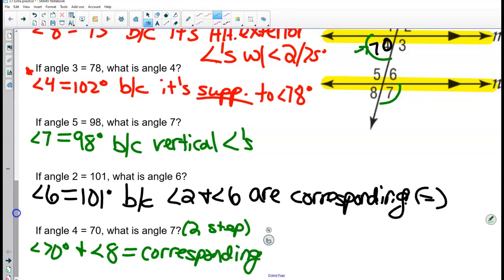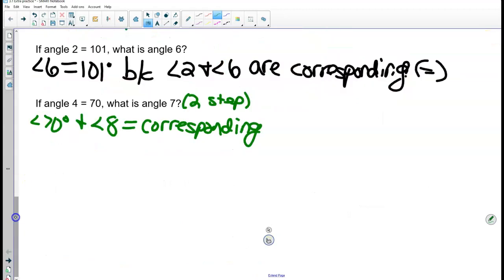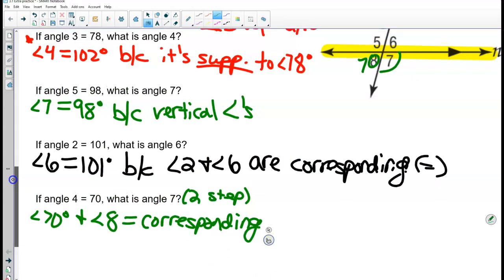From there, I'm going to fill in. I know that this one's 70. Now, can you tell me what would be angle 7? There's a couple ways to get there. Now that I'm on the same plane, I can actually use either vertical angles or supplementary. When they form this straight line, 70, and then we don't know what this 7 is, we actually just use 180 minus 70, and that tells me what angle 7 is, because 70 and angle 7 are supplementary.